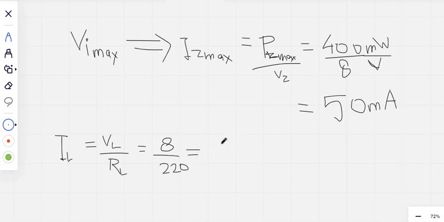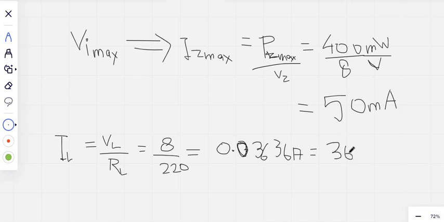Converting it into ohm, we get this value. And if we calculate it, you should be getting 0.036036, something like this, ampere. Let's convert it into milliampere. This is what we get, 36.3 milliamperes. We have got the value of IL now, 36.3 milliampere.